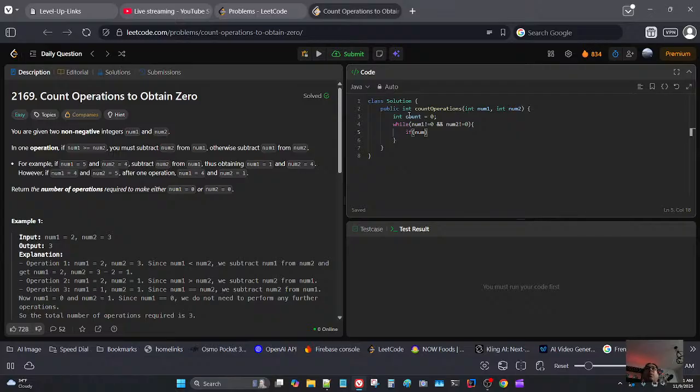So like if num1 is greater than or equal to num2, then num1 equals num1 minus num2, because num1 is greater than or equal to num2, so you want to do this in that situation.